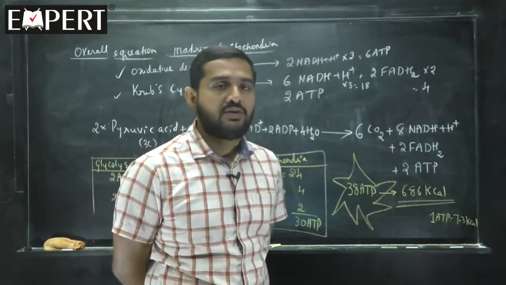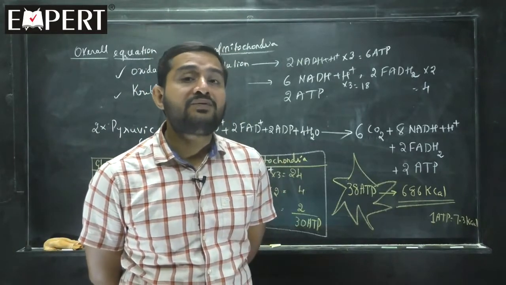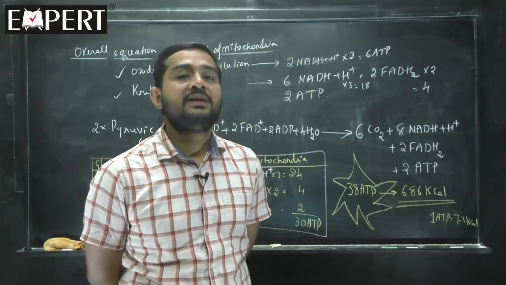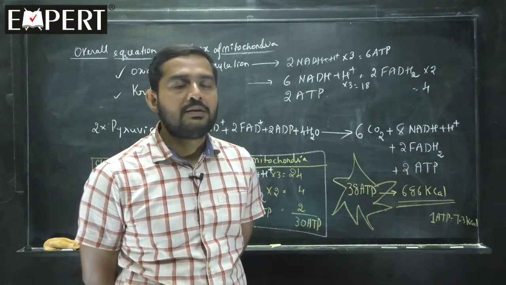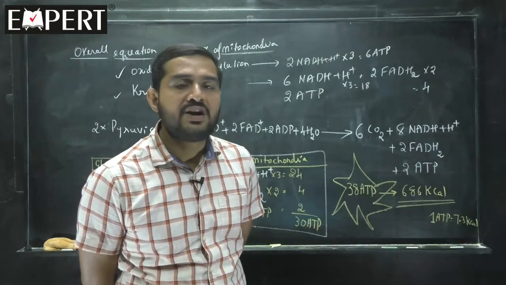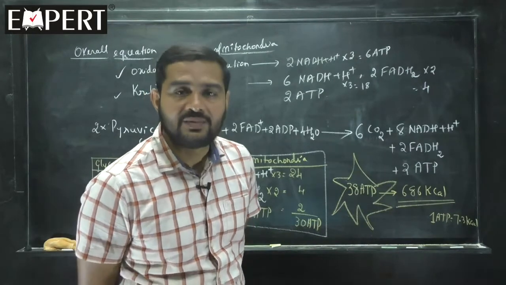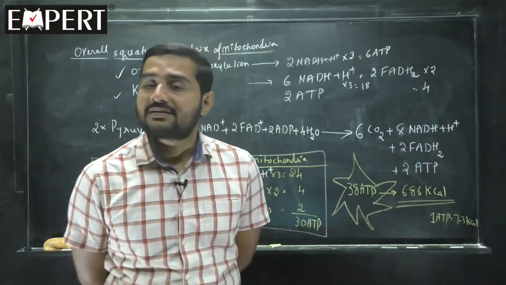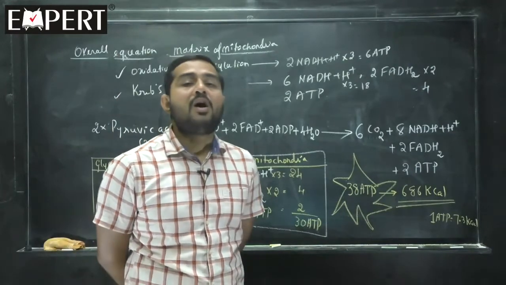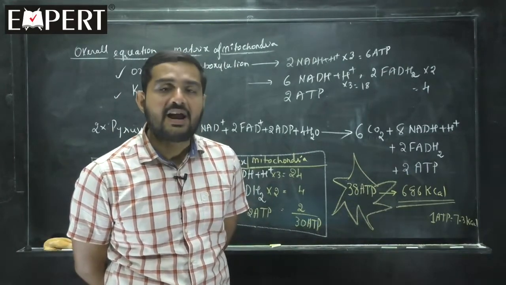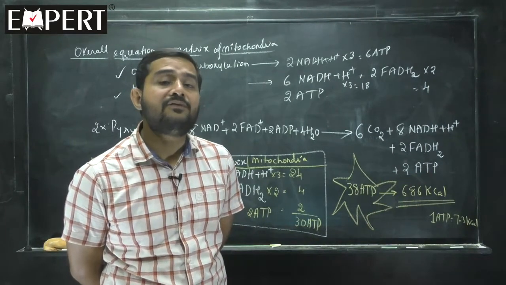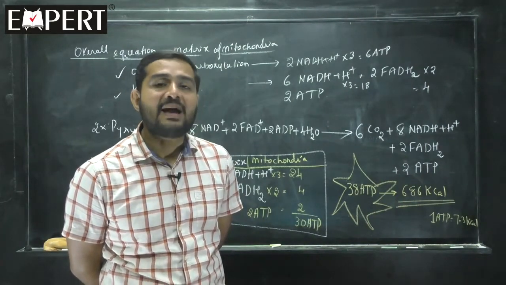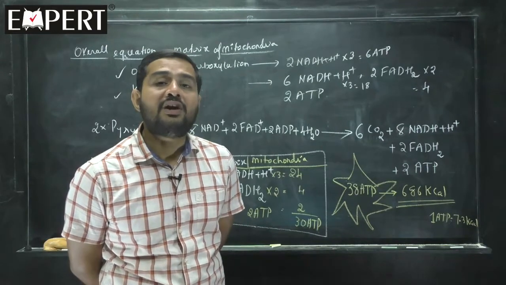That event of formation of a large amount of 34 ATPs is called oxidative phosphorylation. Don't be confused with the word oxidative decarboxylation. There are no further decarboxylation steps. The oxidative phosphorylation, the last event of aerobic respiration, can yield us 34 ATP, and that is happening in the inner mitochondrial membrane.